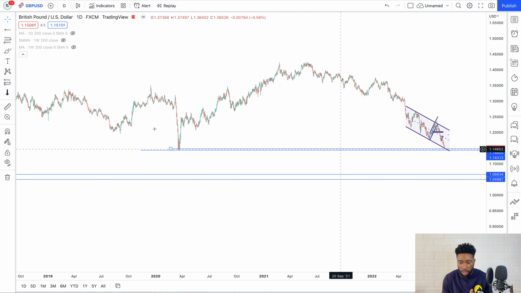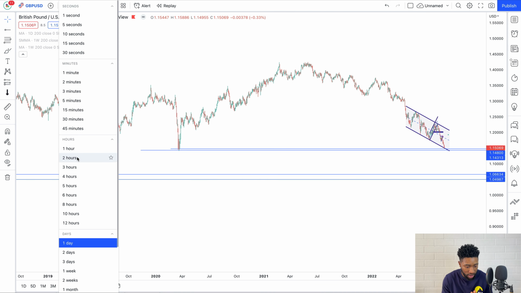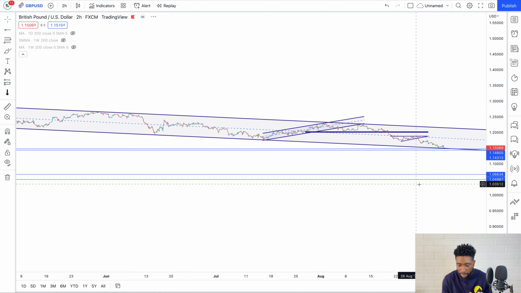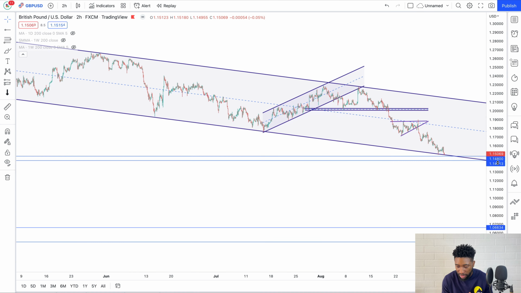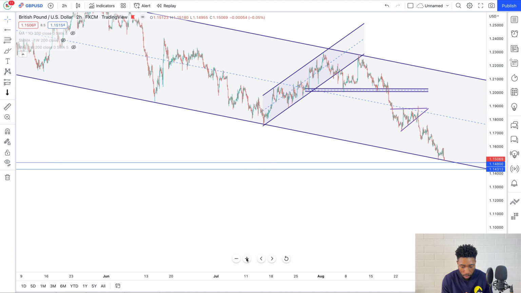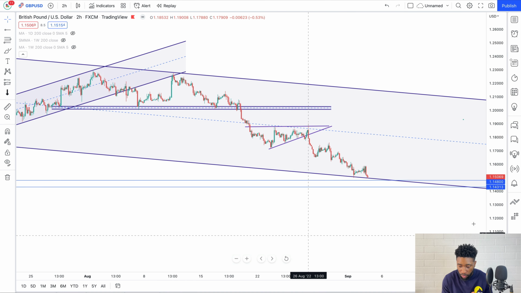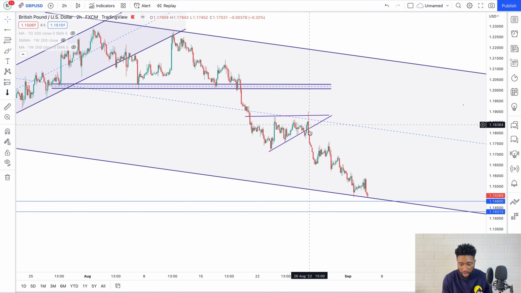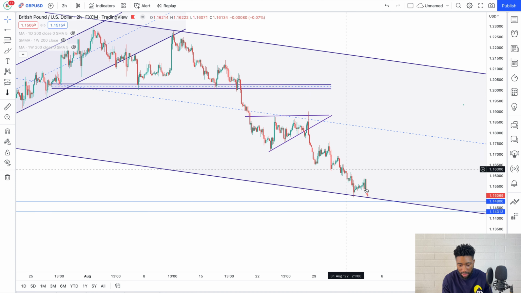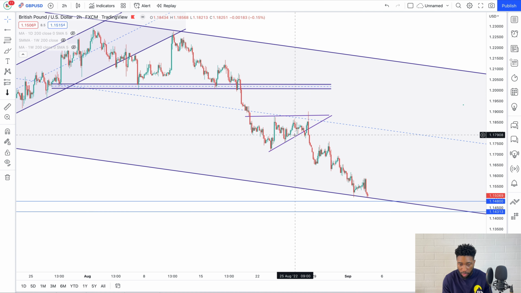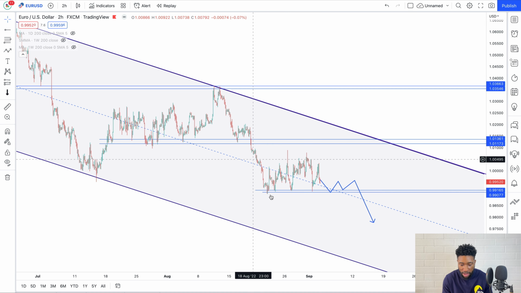So you see, going on this GBP USD, just to explain what I mean by some pairs might move faster than others. Last week, this is the move GBP USD made. We had this breakout and this massive move down for GBP USD. But looking at EUR USD, it's consolidating.